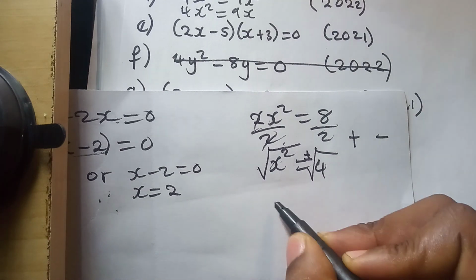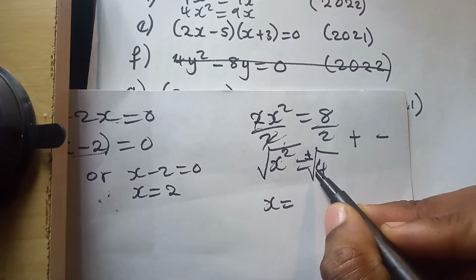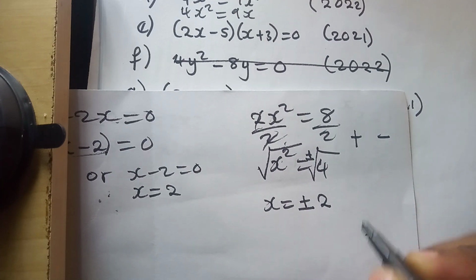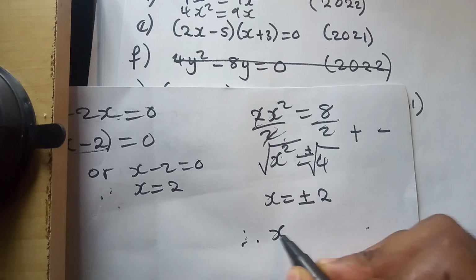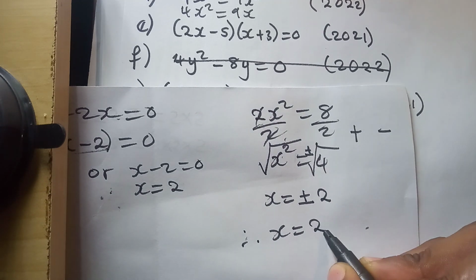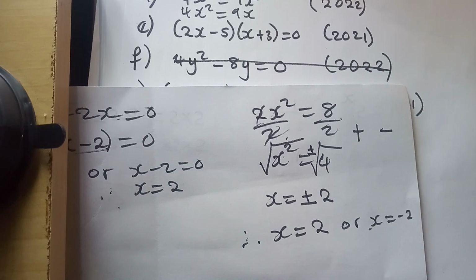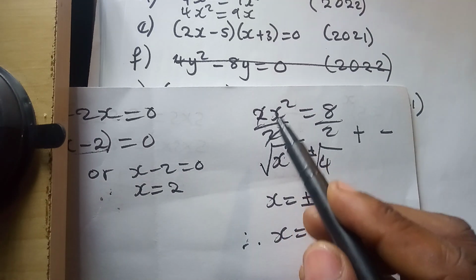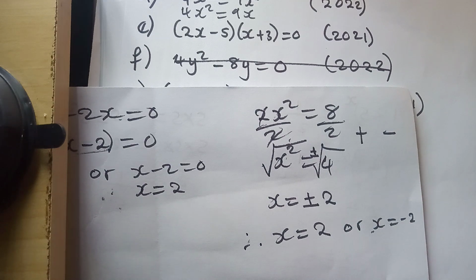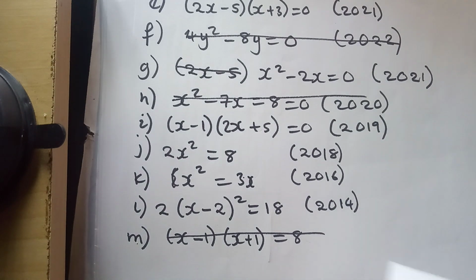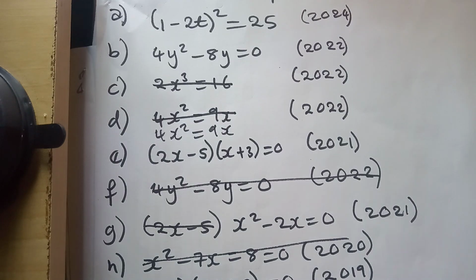So the square root of x squared is x, and then the square root of 4 is plus or minus 2. Therefore, x is either positive 2 or x is negative 2. You substitute both numbers there, you realize that the answers will still be correct. And then let's go back to question 1 now.